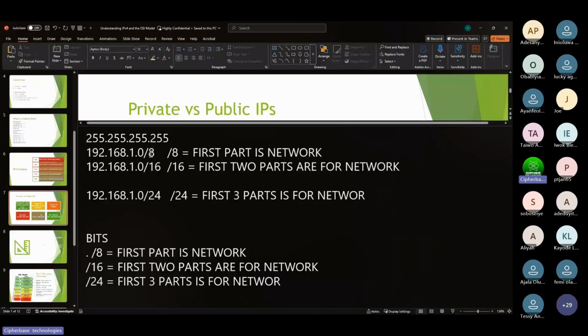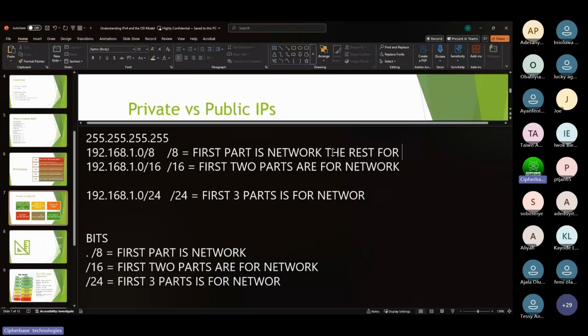I said the whole thing here, what I calculated above, is 8 bits, and this one is also 8, this one is also 8, this one is another 8. If you see something like this, it's telling you that the first part is network, while the rest is for host, because each part is 8 bits.